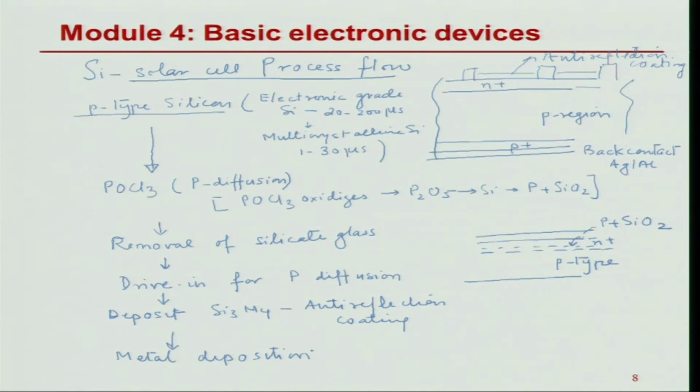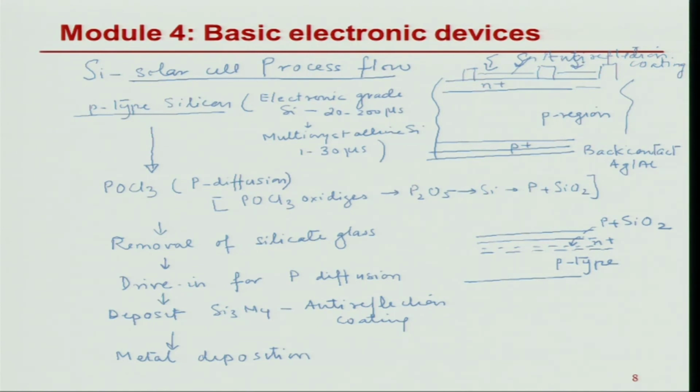Now here one can use an expensive technique, the photolithography technique, but on the other hand, people have shown that by using things like screen printing of a silver paste, one can make these contacts. But if I put silver paste everywhere, then there is no way for the light to come in, as the light is coming in from this direction.